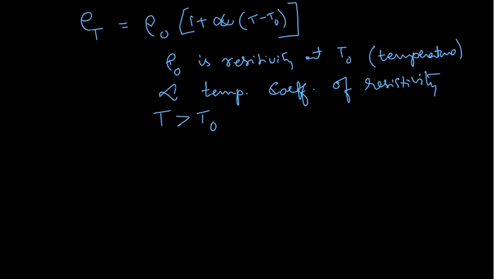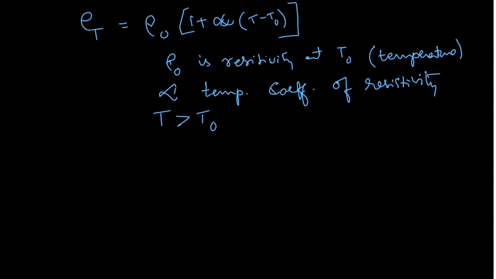Section 10, combination of resistors. Anyway, I'll be giving you the short notes, the 2 marks and 3 marks questions, later. Combination of resistors: series and parallel. This also we studied.